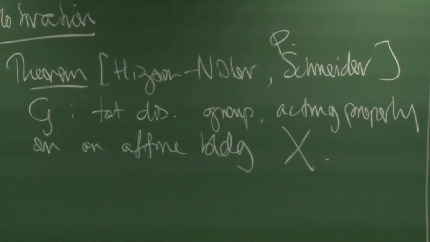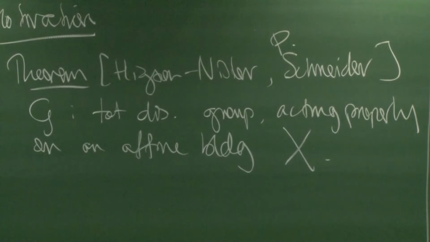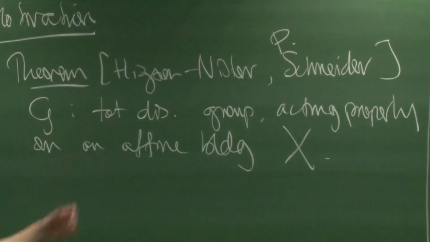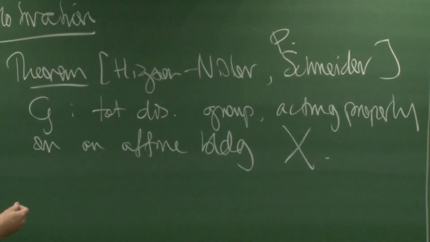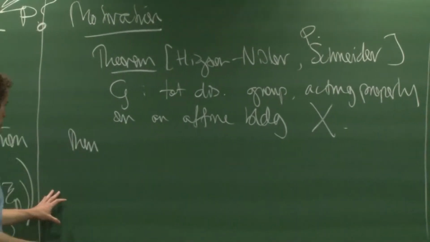In order for the action to be proper, you should use the extended building. So for GL_2, you should use the tree times a line. Okay, but the point of this theorem is that it works in this generality, totally disconnected group acting properly on an affine building. Then there's an isomorphism between two homology groups.